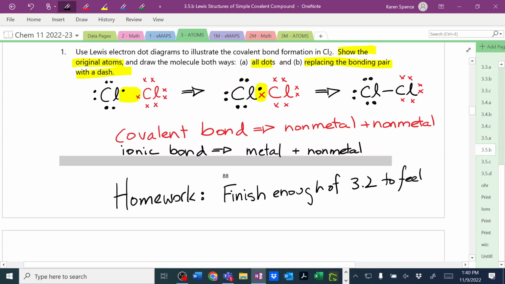That's on Monday. 3.2 is atoms, ions, isotopes. It's all on the team where you go and you click on like upcoming quizzes. Okay.